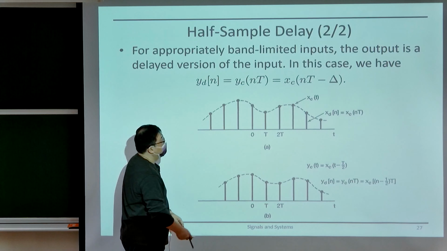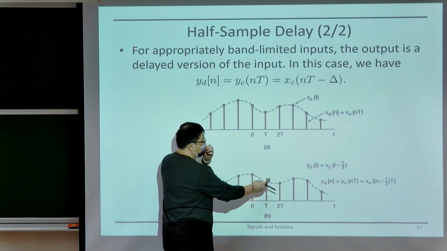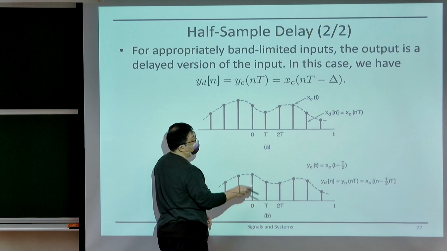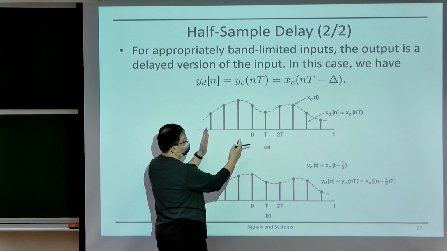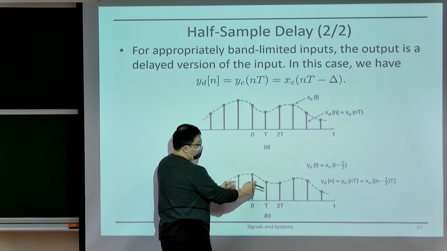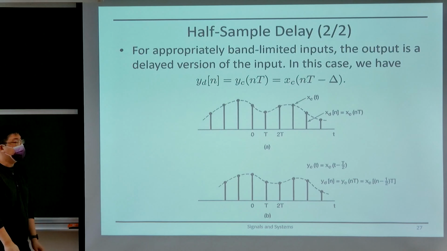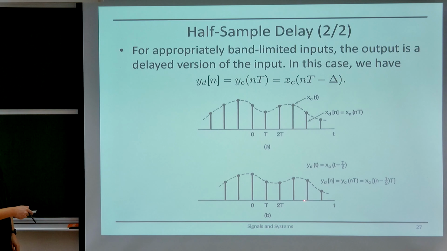If delta is not an integer multiple of capital T, then y[n] will not be a time-shifted version of x[n], because you're not shifting by an integer number of samples. But instead, it would be a resampling of a time-shifted version of the continuous time input, all right?